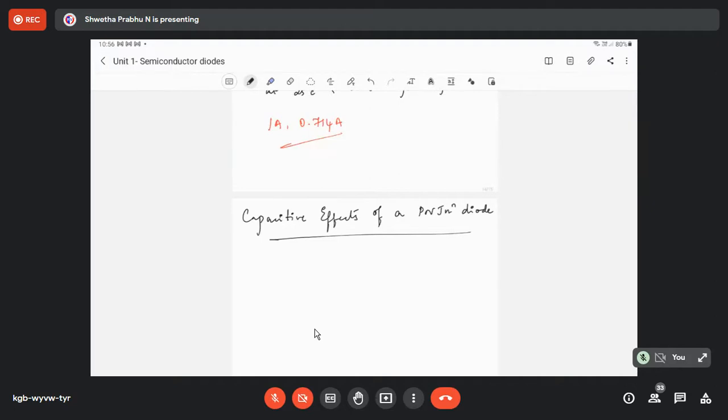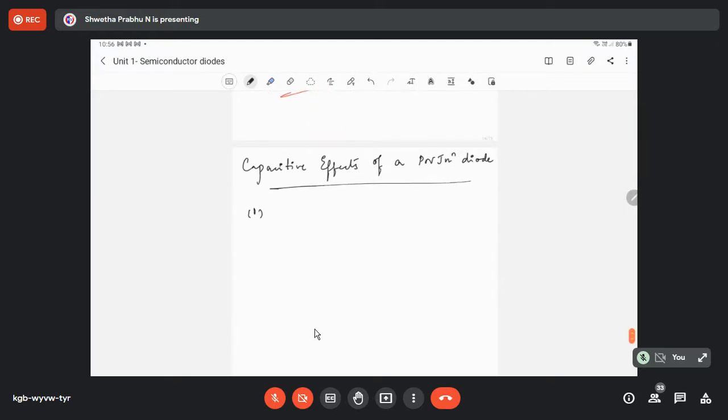With respect to this, we have two major effects. One is transition capacitance, or the other name is depletion layer capacitance.